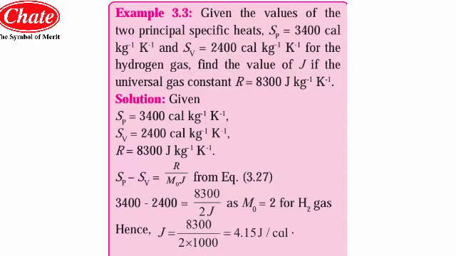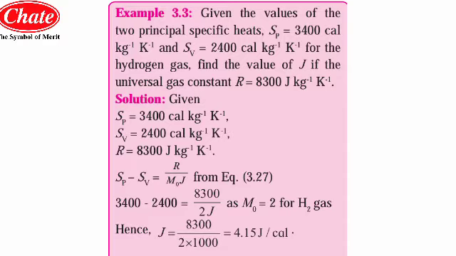Similarly, the value of SV is 2400 calorie kg raised to minus 1 and Kelvin raised to minus 1. SV is the molar specific heat of the gas at constant volume.